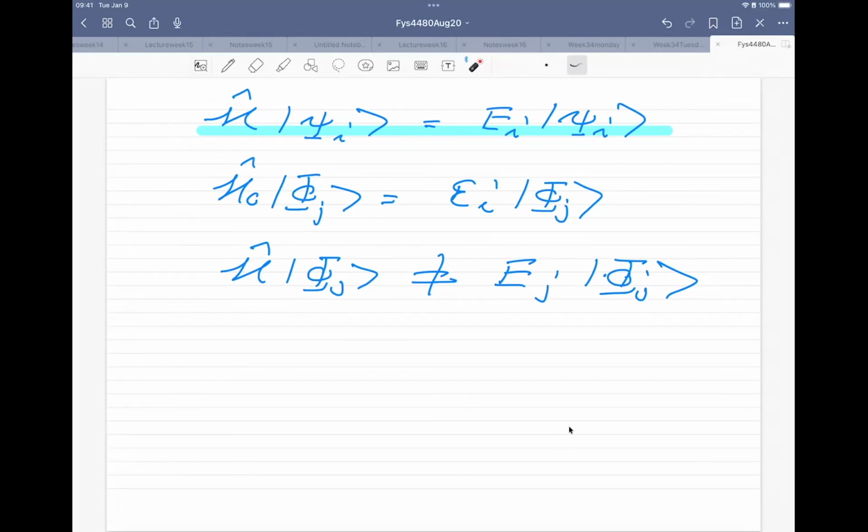The phi letter is something which I will reserve for the solution of the non-interacting problem. So this is often something which we can solve analytically. And I will show you some examples of systems where we have analytical solutions and which are often used as approximations to a more complicated interacting problem.